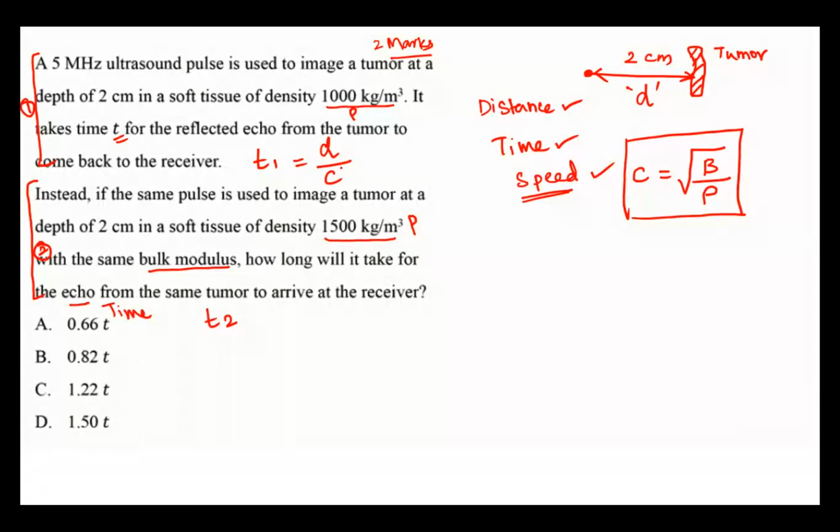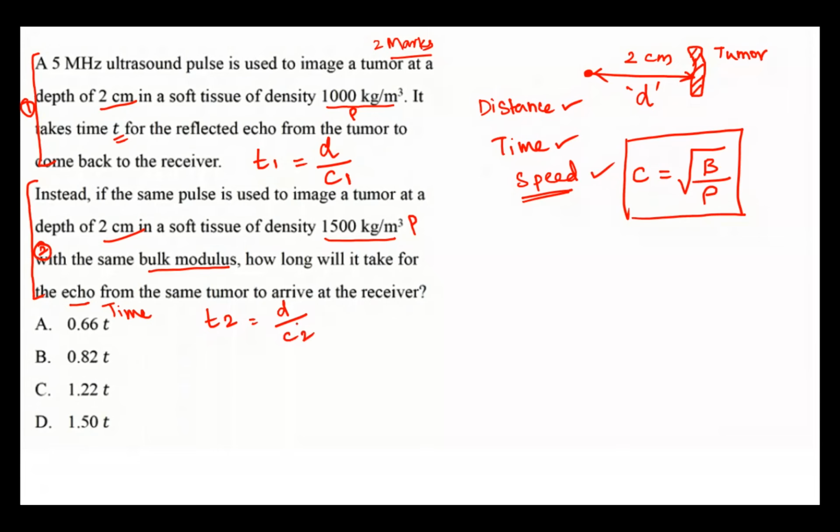The distance is the same, 2 cm in the first case and 2 cm in the second case, so d is not going to change. Only the density differs, 1000 here and 1500 there. Definitely there will be a change in speed, so I will call it C1 for case 1, and there will be a different speed for case 2, but the distance is the same.